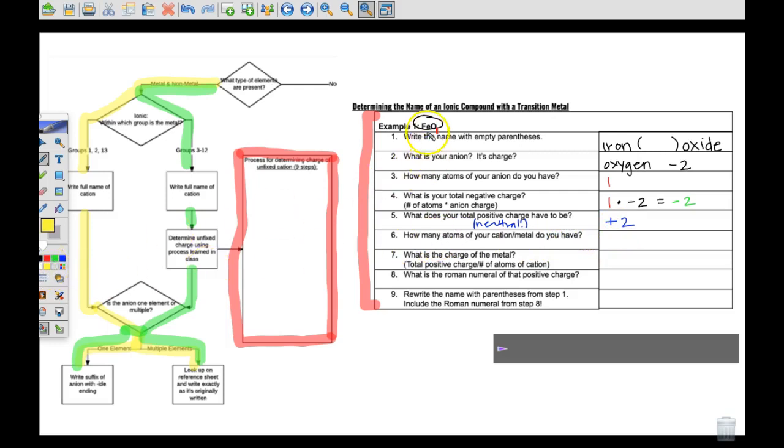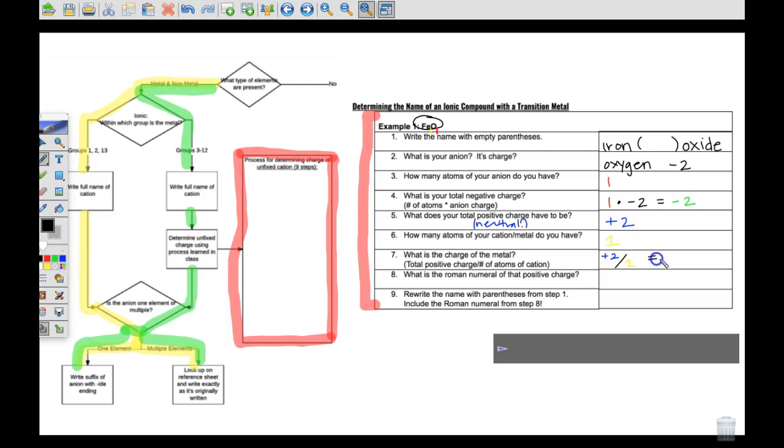According to my formula, it's FeO, which means I only have 1 atom of iron. So in order to find the charge of the metal, we're going to have to take my total positive charge, so I'm going to drag that down from step 5, and I'm going to divide it by the number of atoms I have of iron, which is my cation, because it's a metal, which is 1.